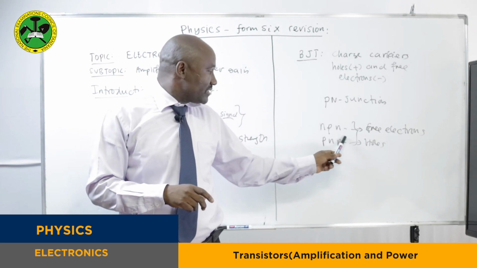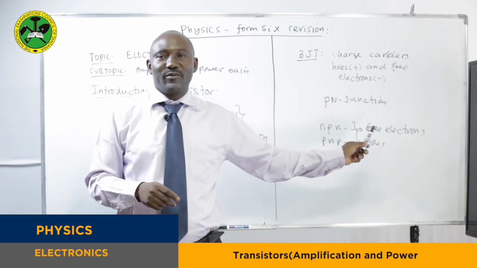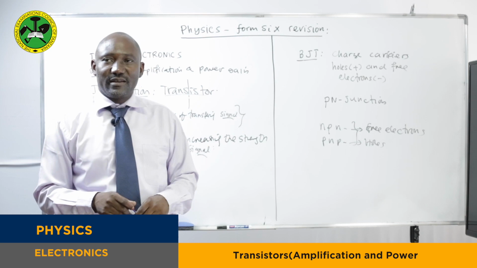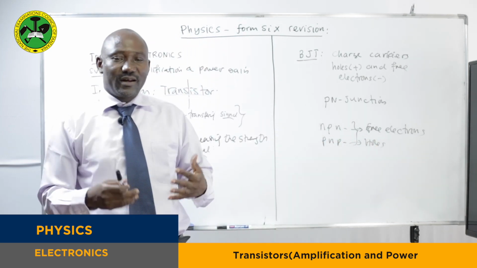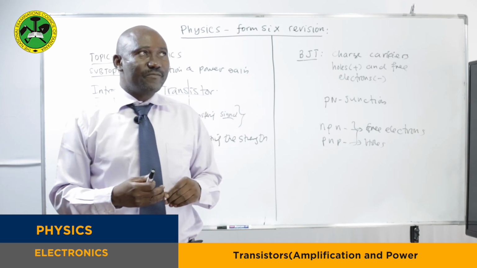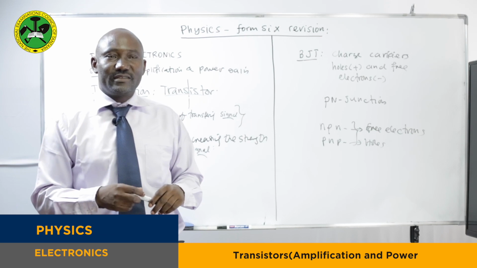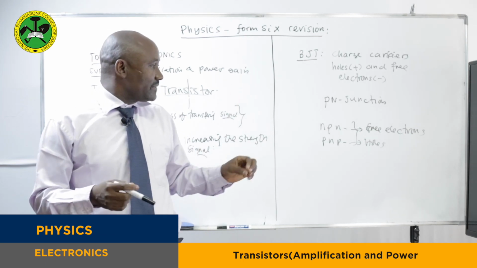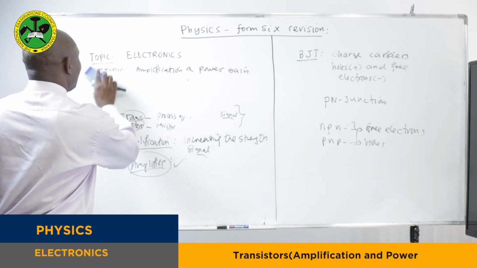PNP, because the majority carriers are holes, they respond slowly as compared to NPN. So we prefer using the NPN transistor because it is made of free electrons which are very sensitive to any changes within a transistor. In other words, they have greater mobility, they respond quickly to any changes within the transistor circuits.